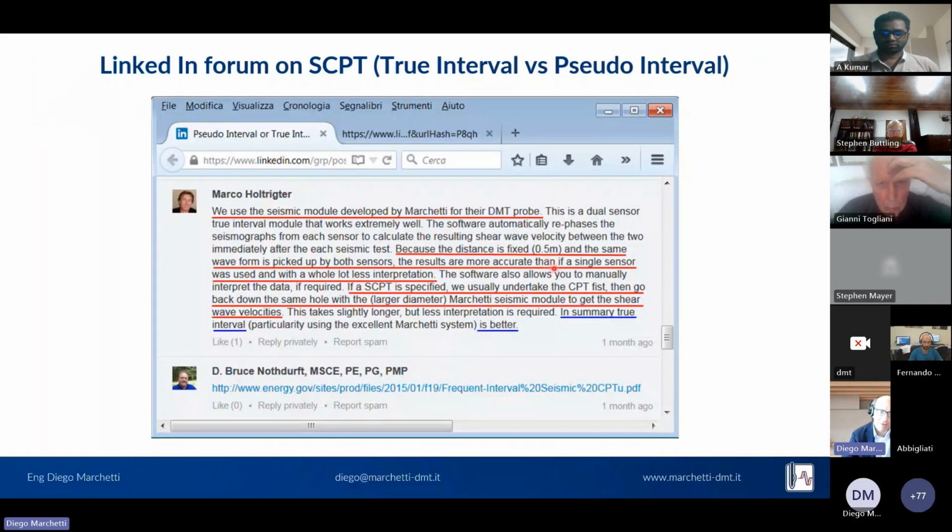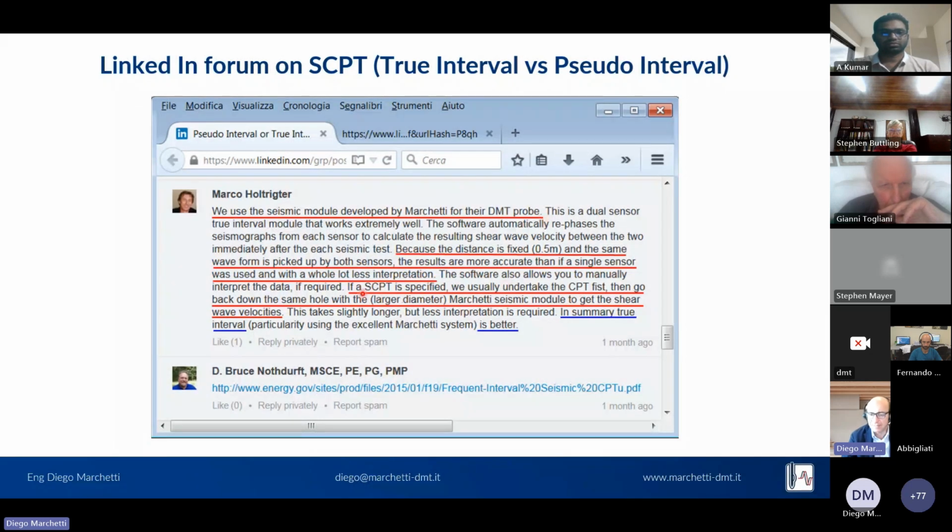We came across some years ago to this LinkedIn forum that was talking about true interval versus pseudo interval ways of performing seismic measurements. And they used the Marchetti SDMT, which before was possible, the seismic DMT, only in combination with the blade.